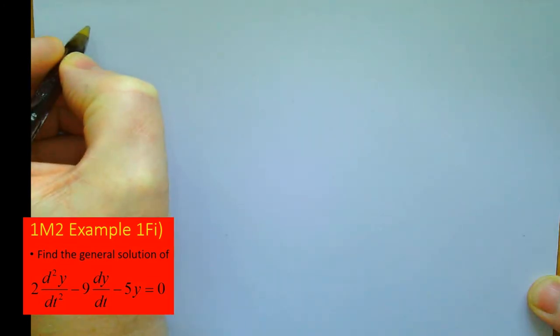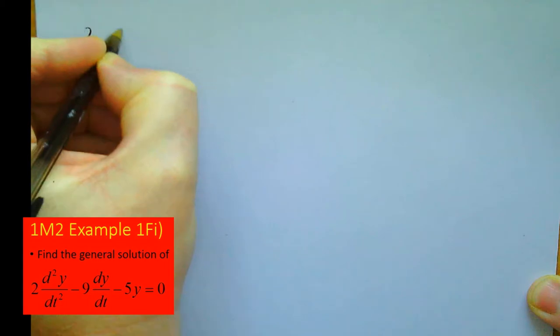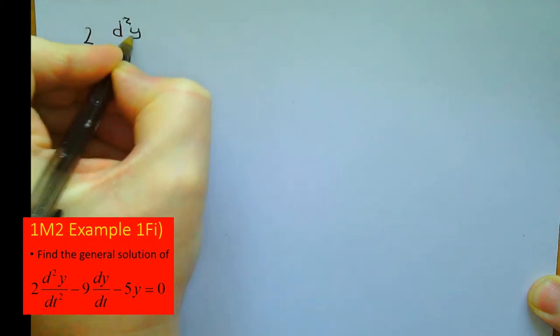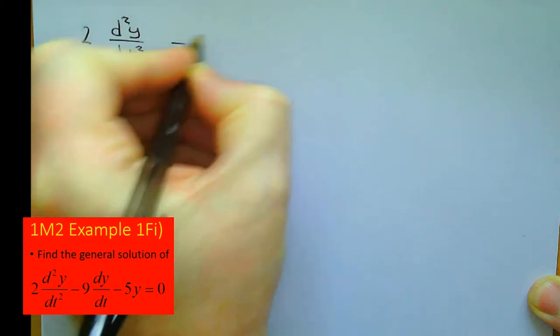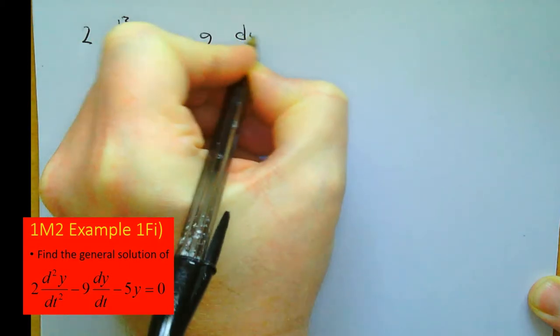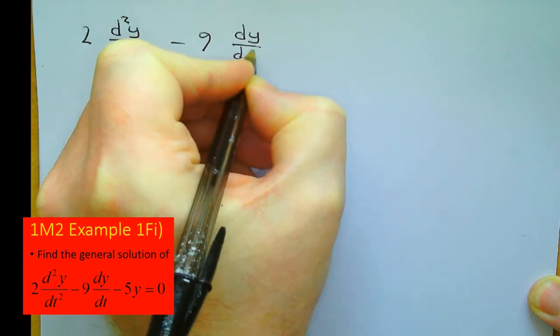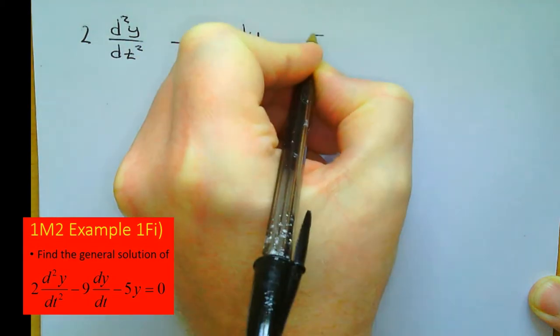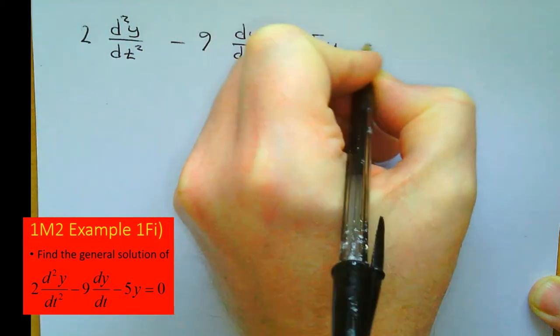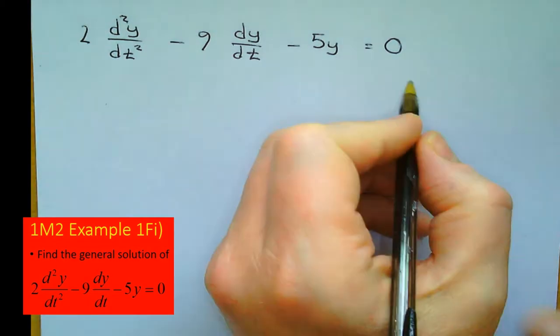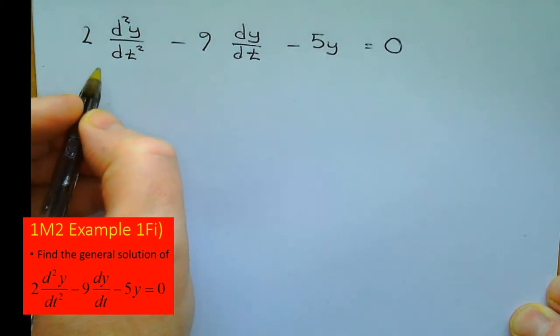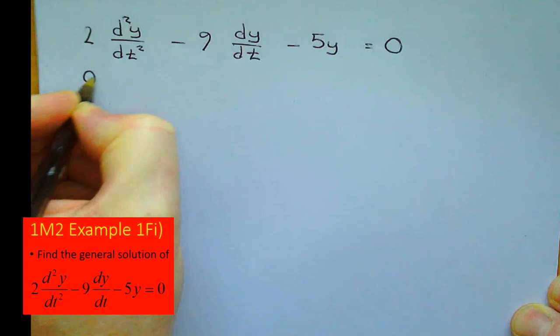So the differential equation here, 2 times d squared y by dt squared minus 9 times dy by dt minus 5 times y is equal to 0. That's the differential equation that we're solving here. And, well, we could write down the auxiliary equation.